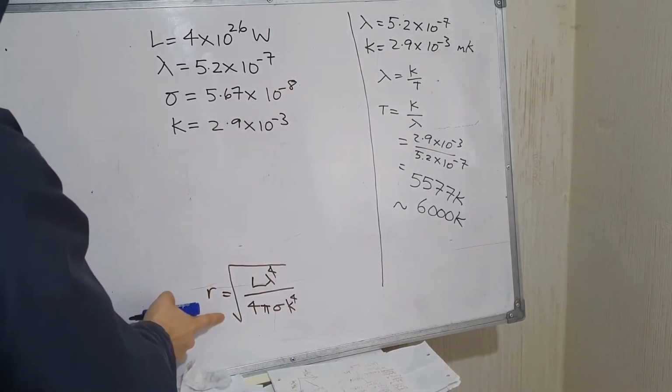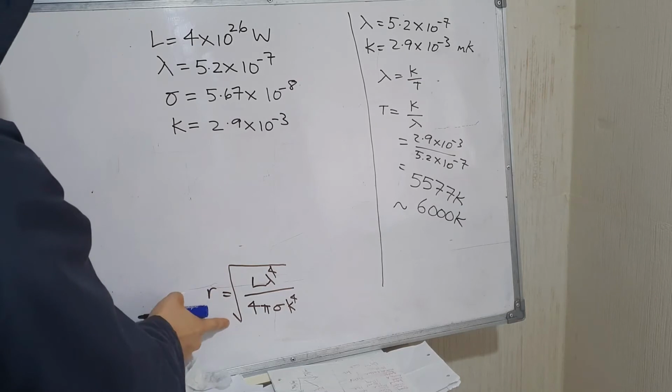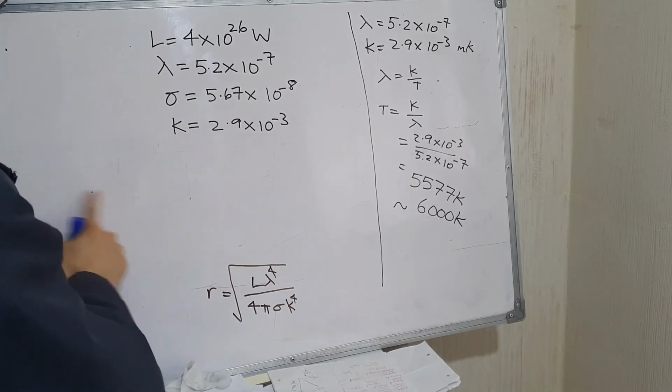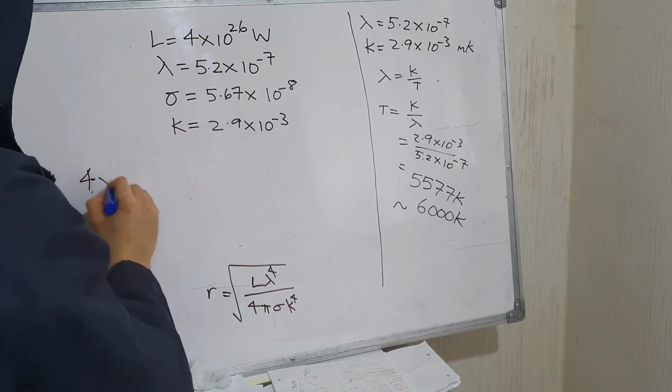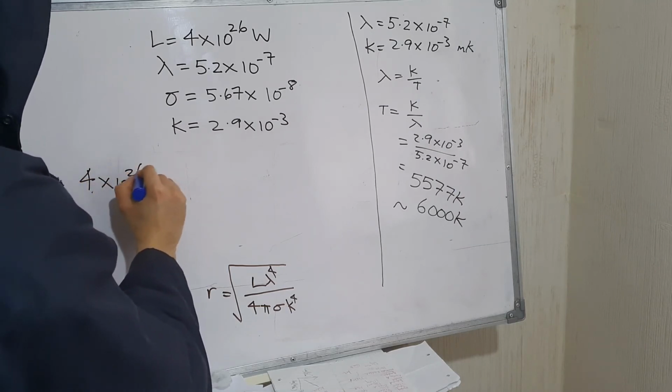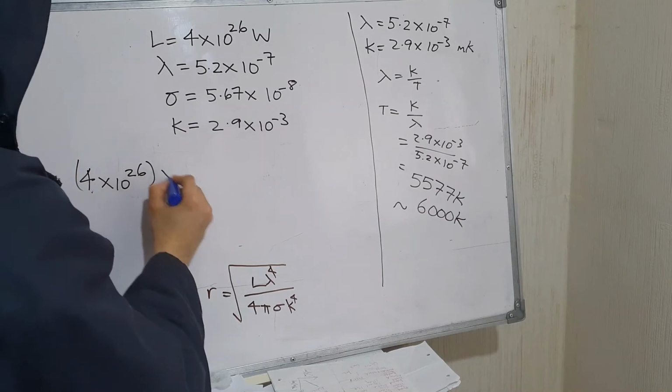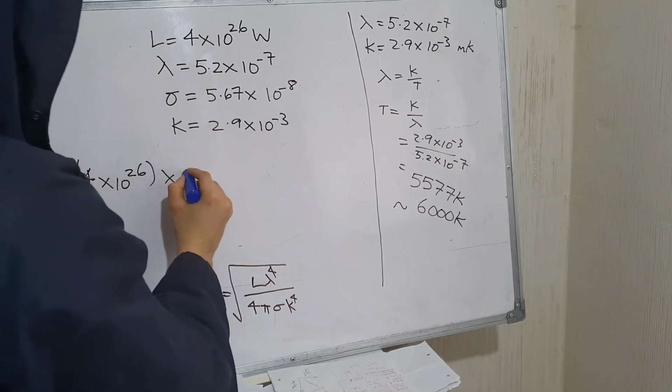Right, so I left this equation here. So we're going to put all these values inside here. So you should get 4 times 10 to the 26 times lambda is that.